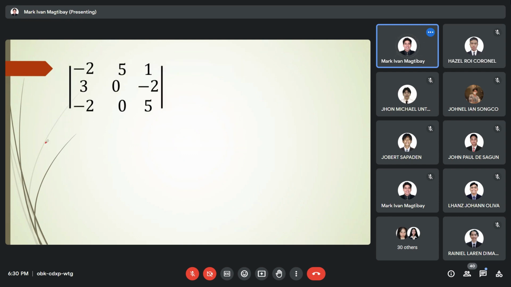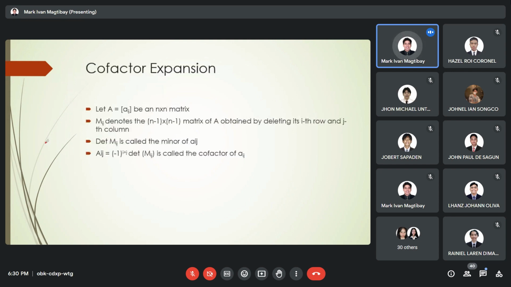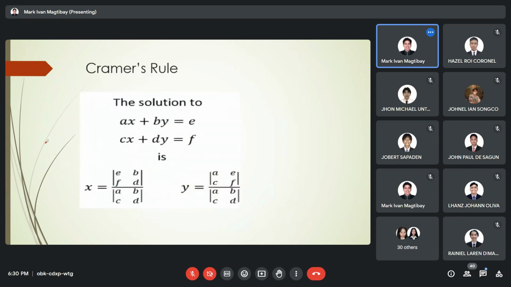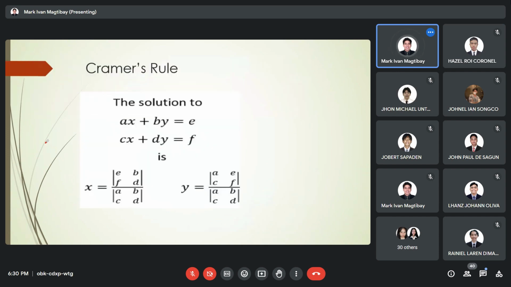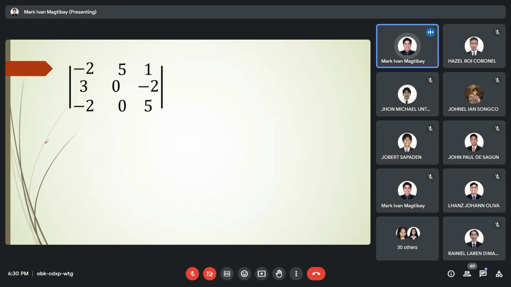So, dito po, try nyo nga pong sagutan ito. Ito na po siguro yung last dahil parang yung cofactor kasi medyo mahaba to eh. Then yung Cramer's rule, gamitin na lang siguro natin for discussion next meeting natin together with your activity. Okay? So try nyo nga po sagutan. Get the determinant of this one po. Okay? Sige po. Sige lang.